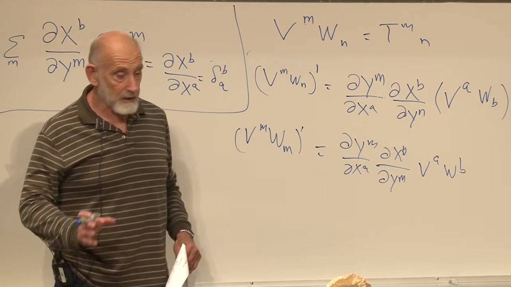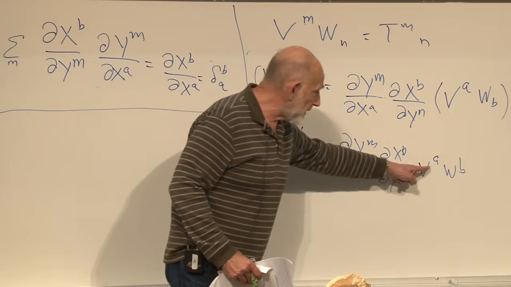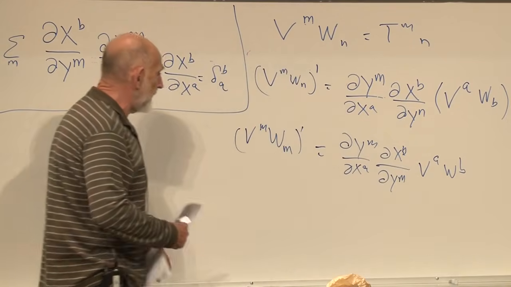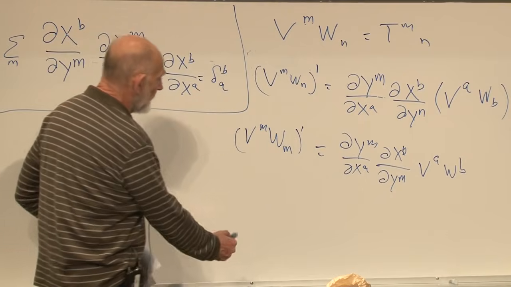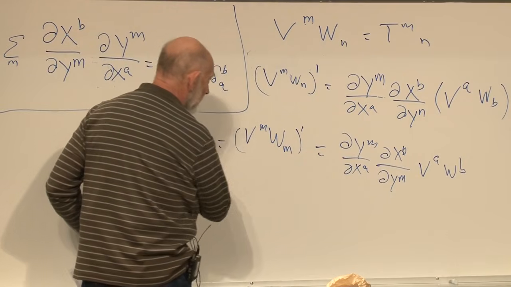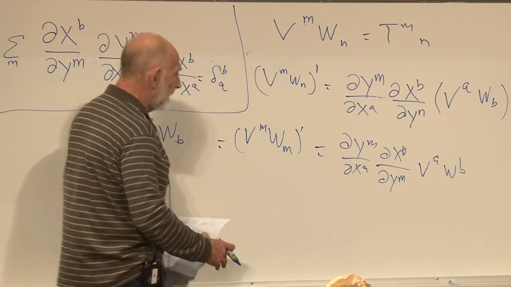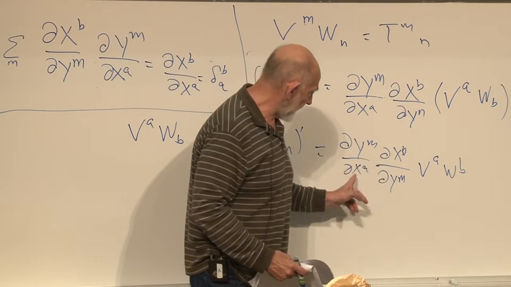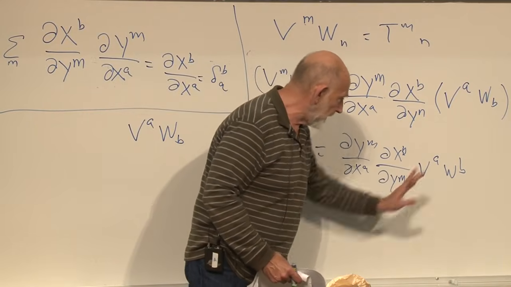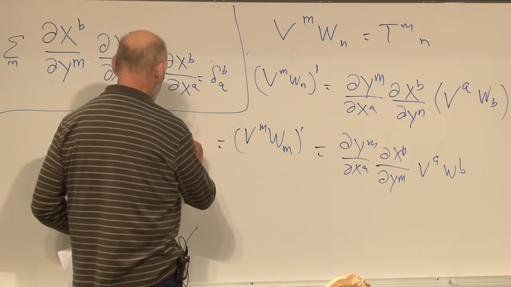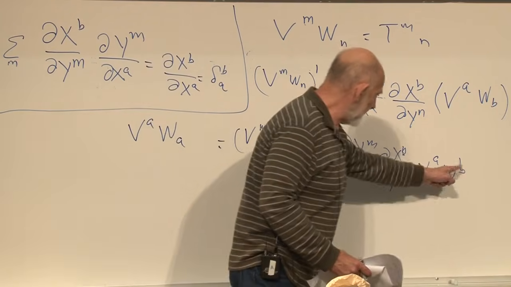And delta is simply the instruction to set A equal to B. That's what it is, a little machine which says set A equal to B, and the result is that this thing is equal to V^A W_A. Okay, I set B equal to A, V^A W_A.